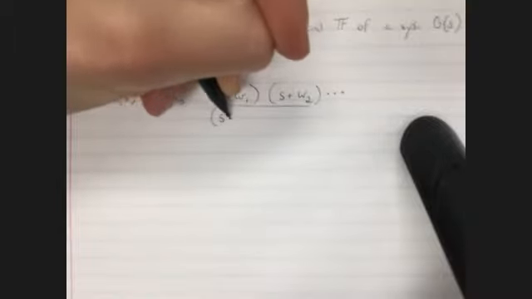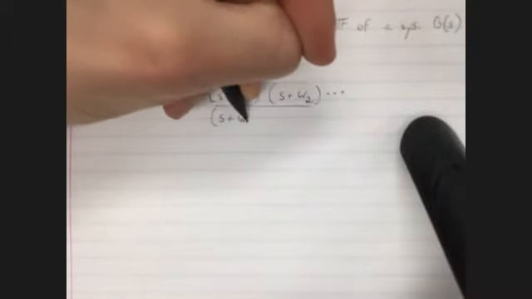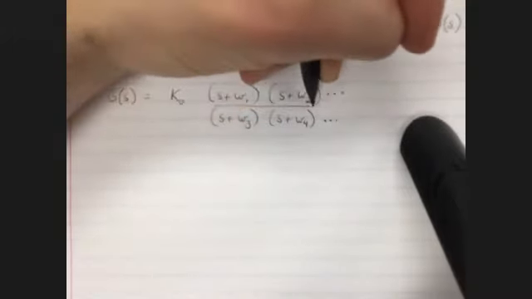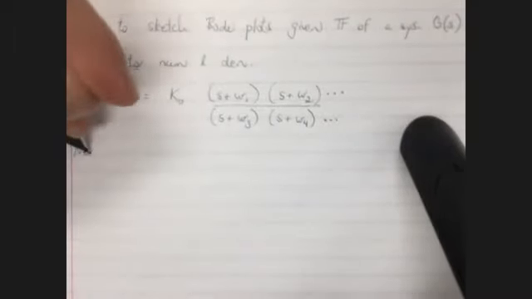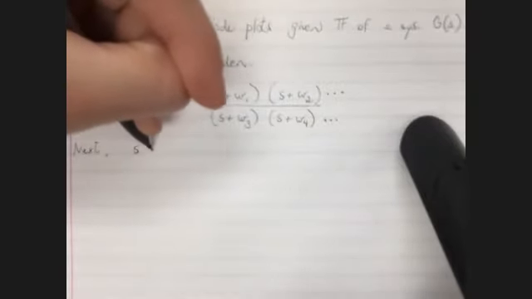Here, you're going to factor it out, so let's call it s plus omega 3, s plus omega 4, etc. Just make sure that you're factoring out the top and bottom. Then the next thing we're going to do is turn that s into a j omega.